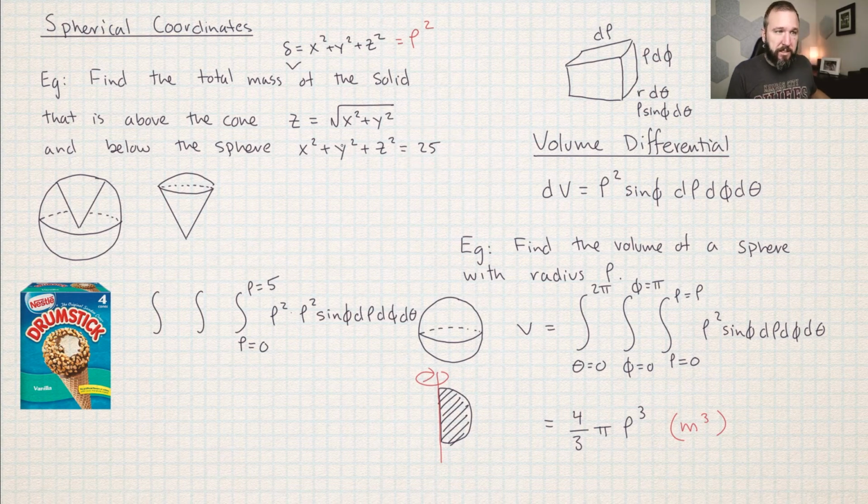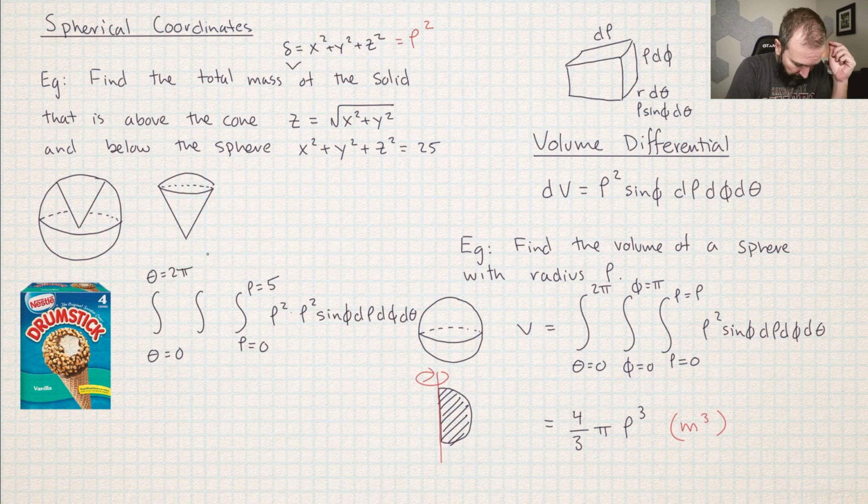That's the radius of this sphere. Okay, now let's worry about phi in a minute here. We are doing all the way around. It is the entire drumstick here. So theta goes from 0 out to 2 pi because it goes all the way around like that.